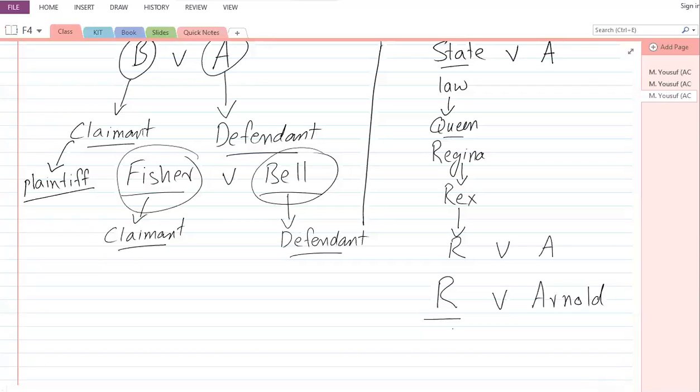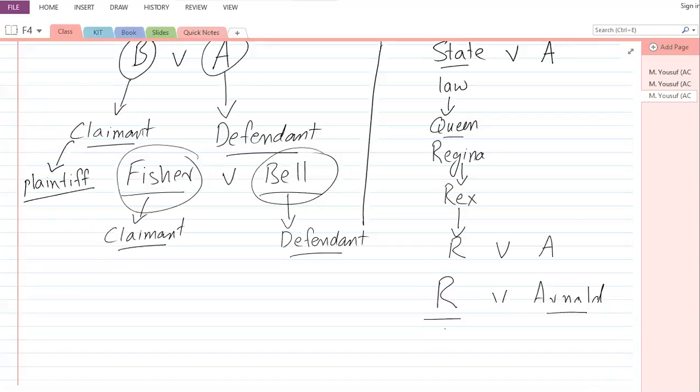So basically, Arnold violated the rules made by the Queen because the Queen is a part of the parliamentary system. The Queen is the head of the state. So the prosecutor will sue on behalf of the Queen Mr. Arnold. That is how the name differentiates between a civil case and a criminal case.